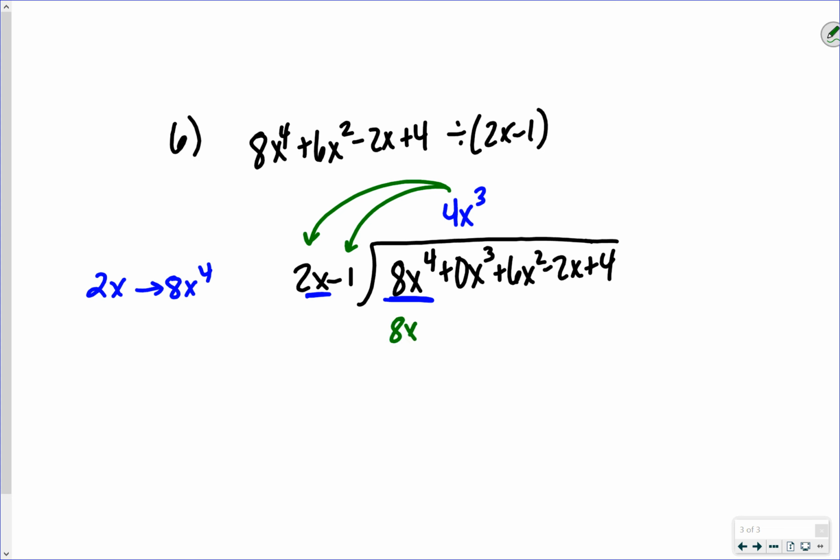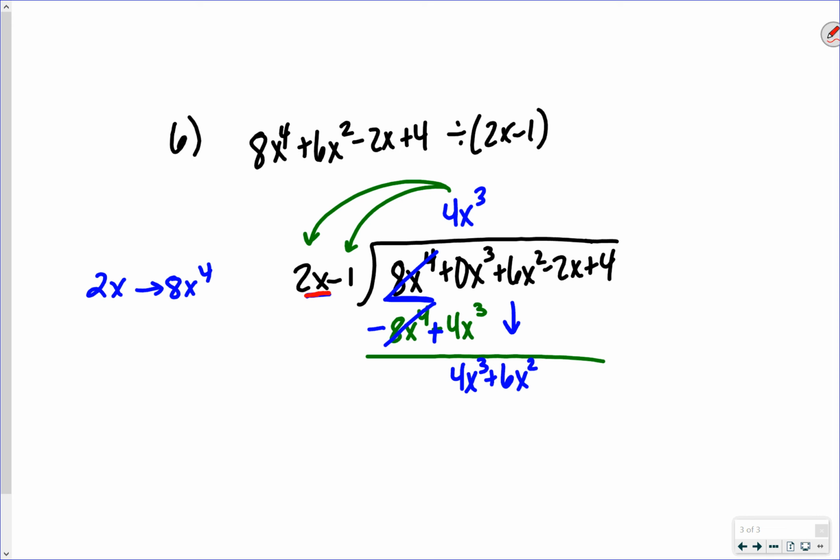That would be 8x to the 4th. 4x cubed times negative 1 would be a minus 4x cubed. Operation straight down is subtraction. So this is my minus. My minus minus becomes a plus. 8x to the 4th minus 8x to the 4th cancel out. X cubed plus 4x cubed, 4x cubed. Bring down 6x squared. Do it again.